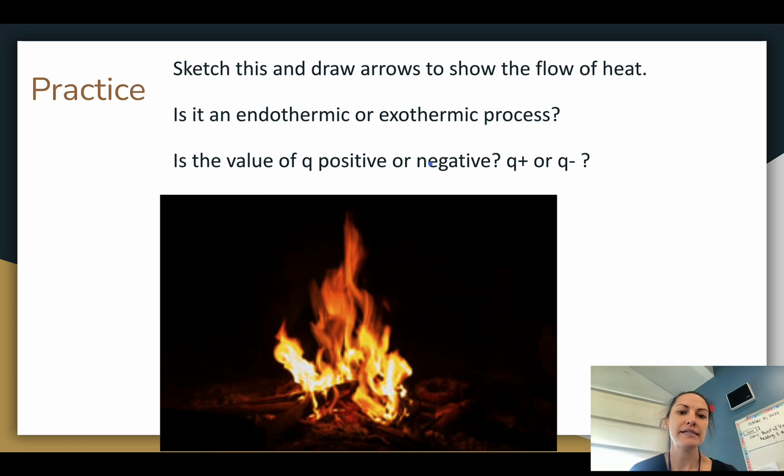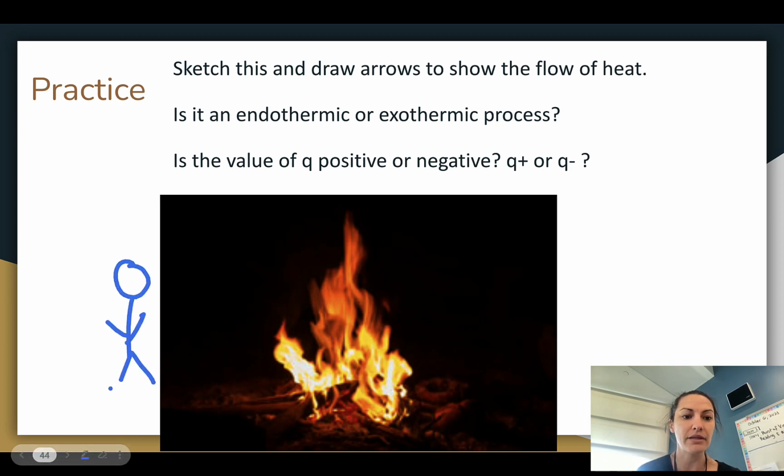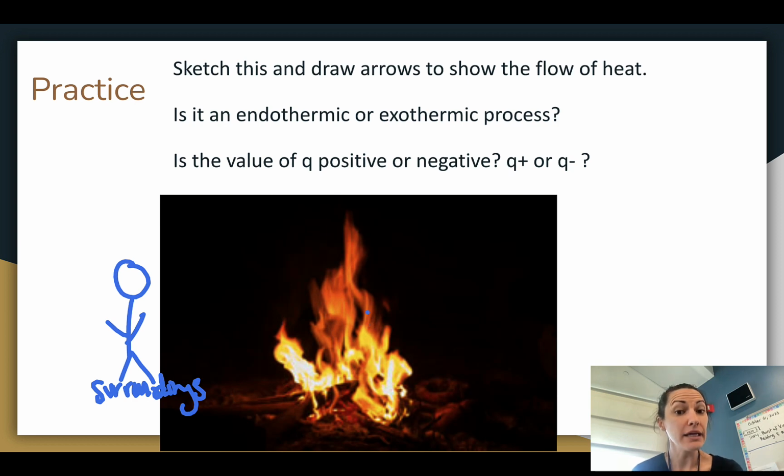Let's see another example. If we have an example of a campfire, I like to situate myself here, I just have to remember that I am the surroundings. If we're going to draw some heat flow arrows, the energy is going from the fire out into the surroundings.